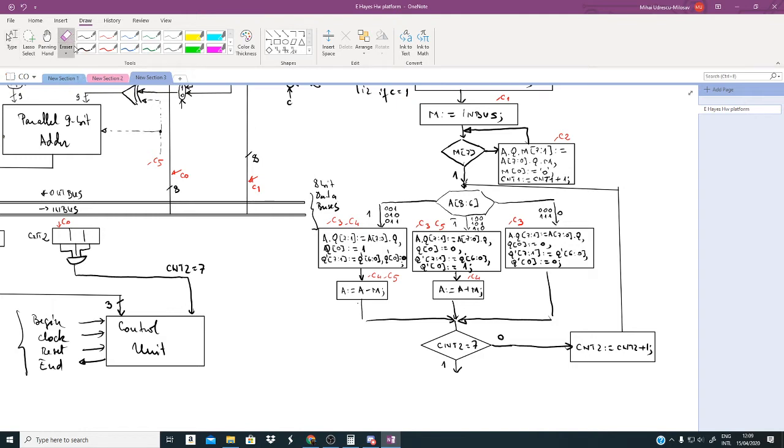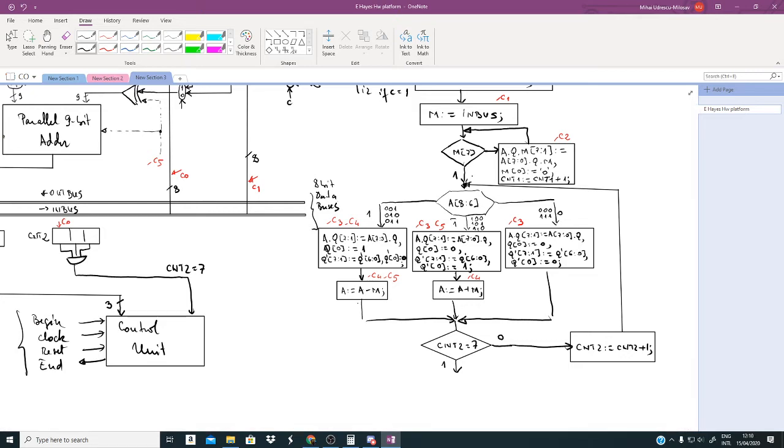Like this. Okay? So we are incrementing this.